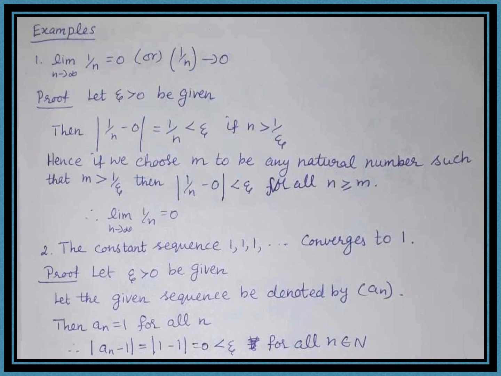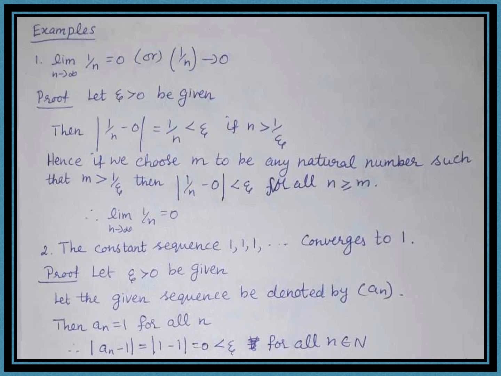Therefore, if we choose m to be a natural number such that m is greater than 1 by epsilon, then absolute value of 1 by n minus 0 is less than epsilon for all n greater than or equal to m. Therefore, limit n tends to infinity of 1 by n is 0.